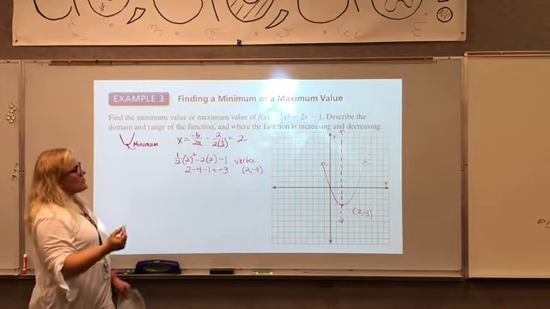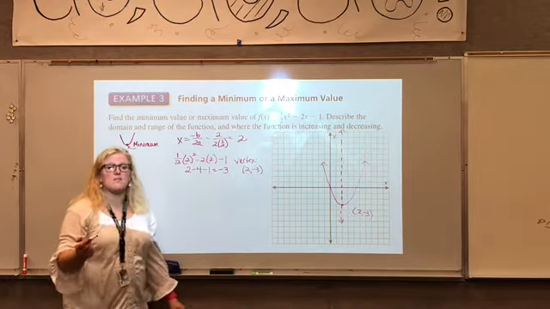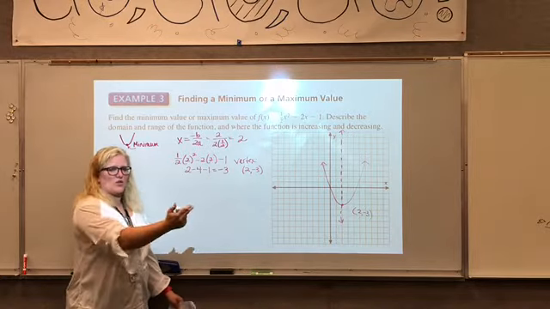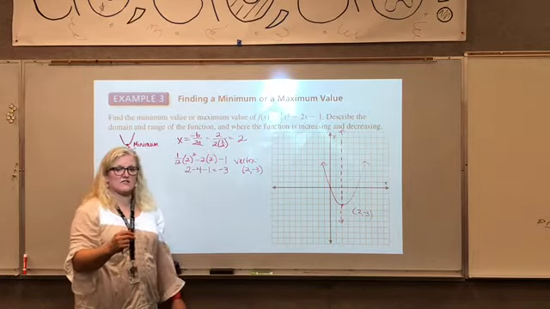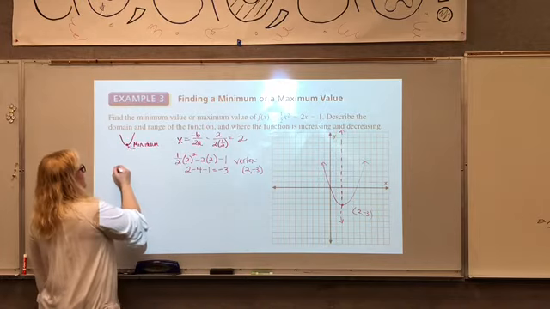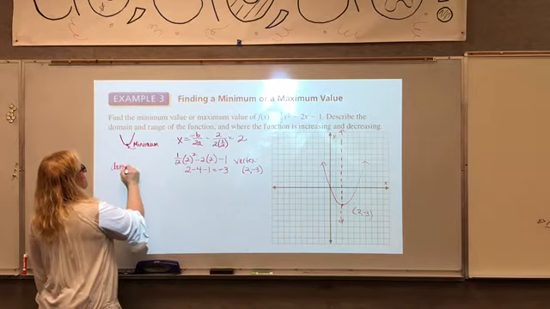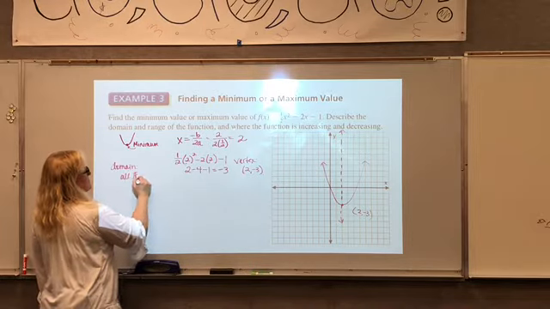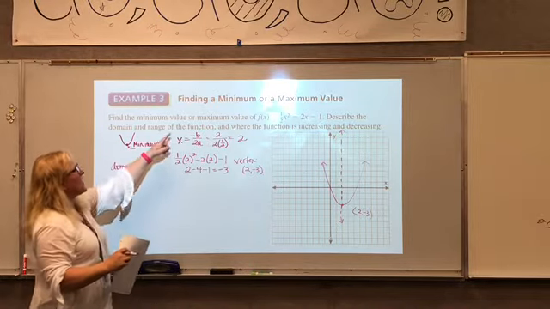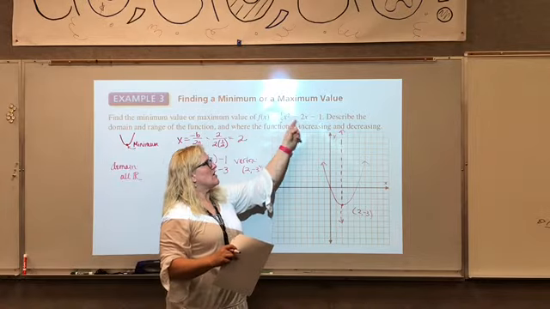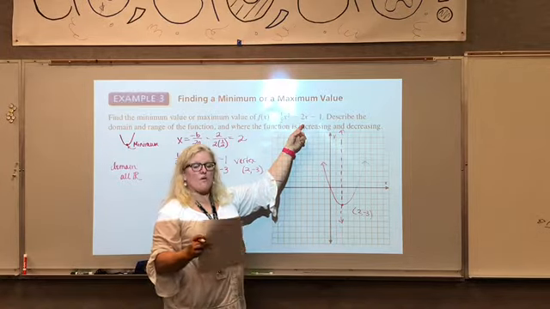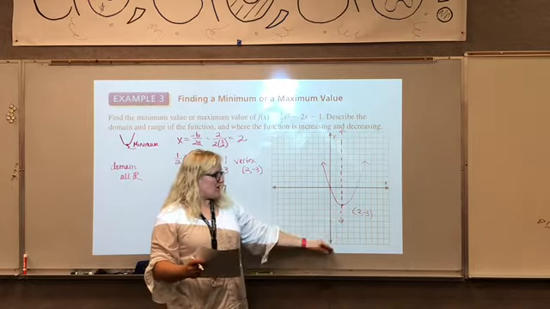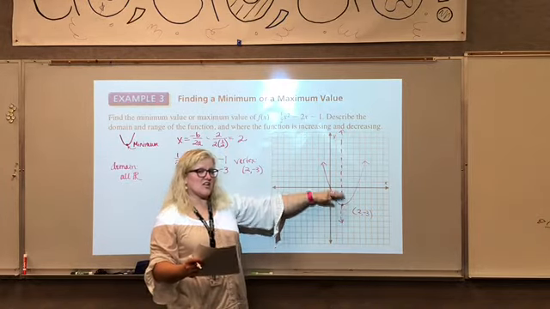Okay, describe the domain and range. Hopefully you remember that the domain is describing any x value that can be in this function, okay? And for this, it's all real numbers. I can put any value of x into here that I want. However, my range isn't down here. The parabola starts here and goes up.